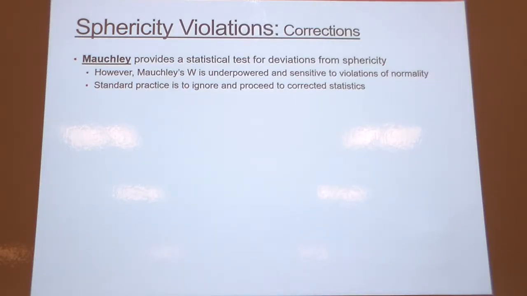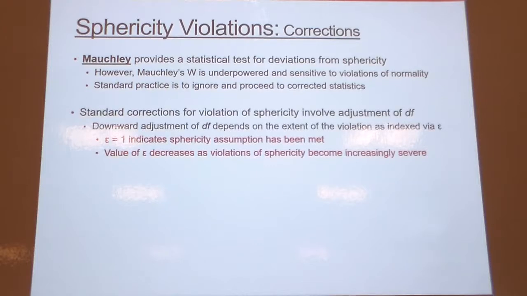The problem is that this test is underpowered and sensitive to violations of normality. So even though SPSS will give you this, ignore it, and we'll just assume that we violated the assumption and move forward, okay?